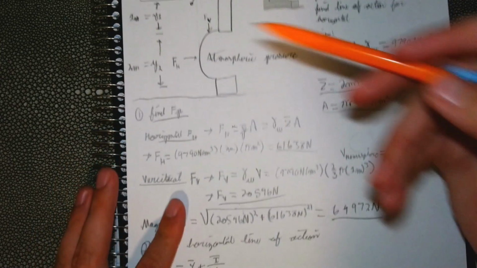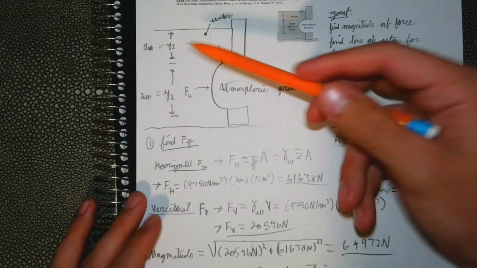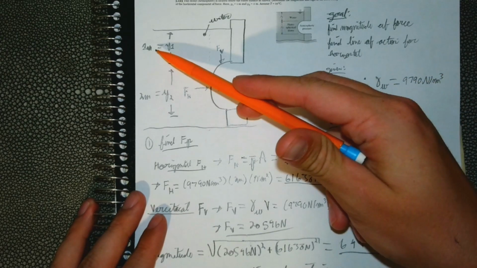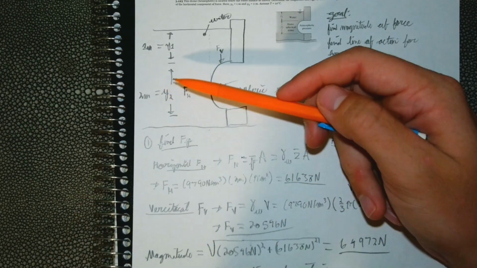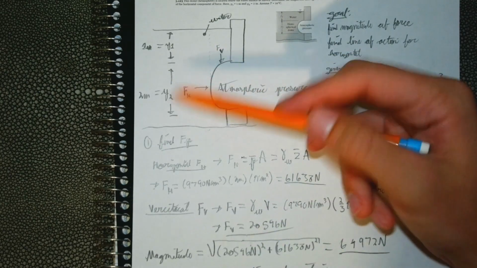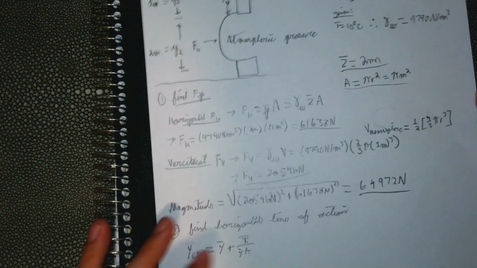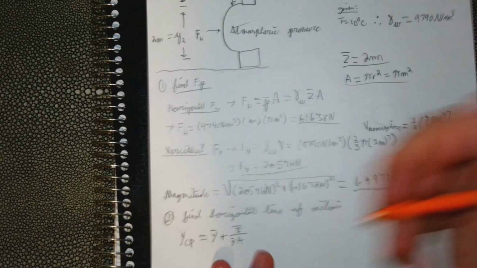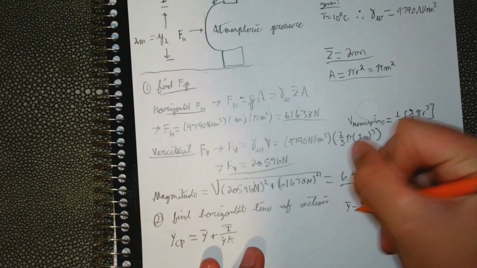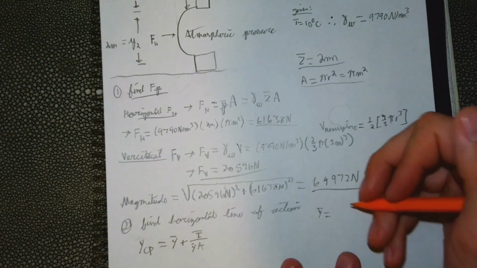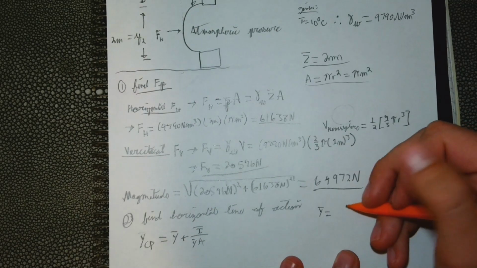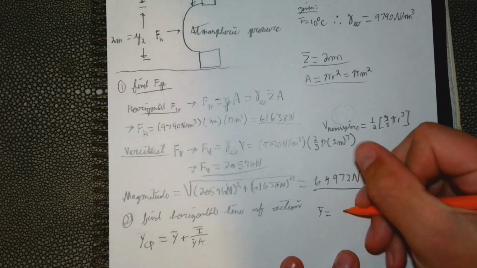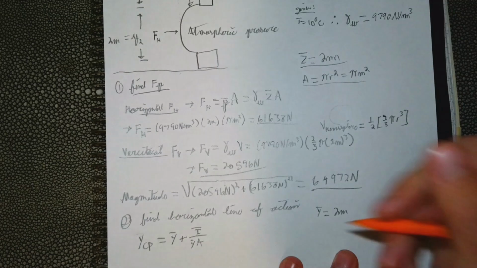So it's just 1 meter plus half of 2 meters to get to the centroid. So it's just 2 meters.